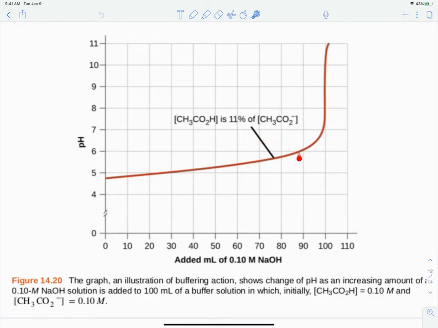And so this is the buffering capacity of this particular buffer, this acetic acid buffer. And so it's able to keep the pH within 4.8 and 6 over a considerable range. But after that, if you add any more, it will skyrocket.